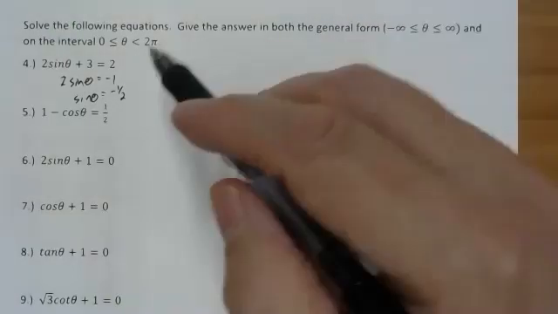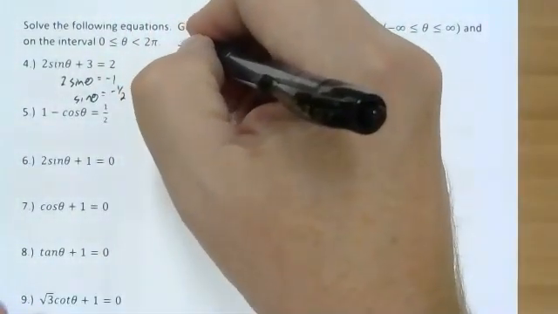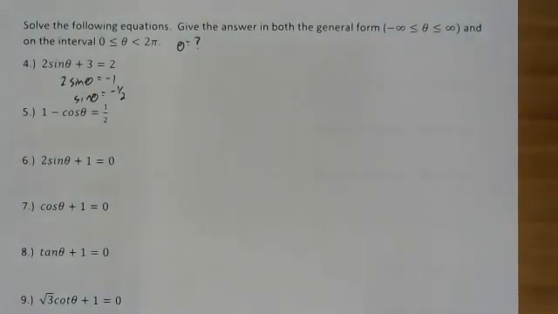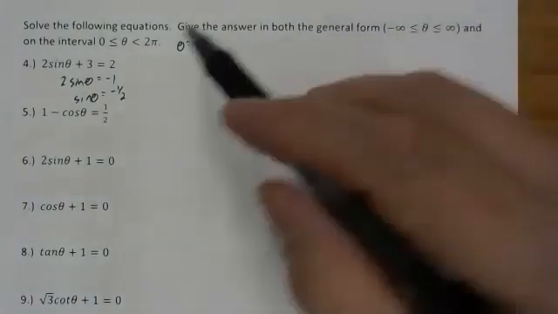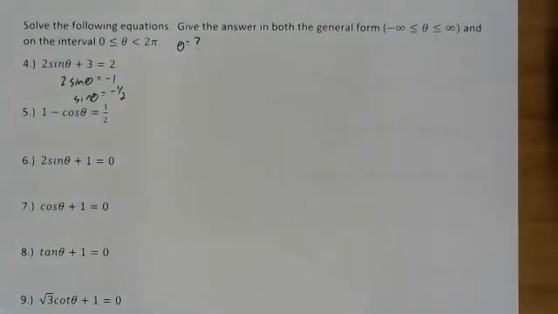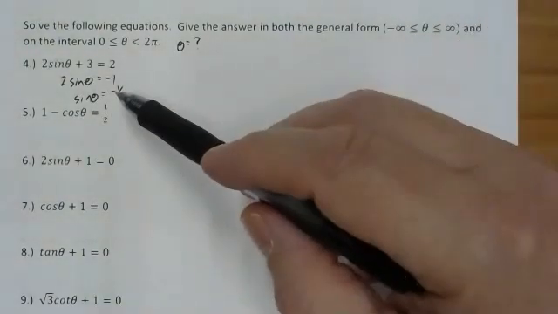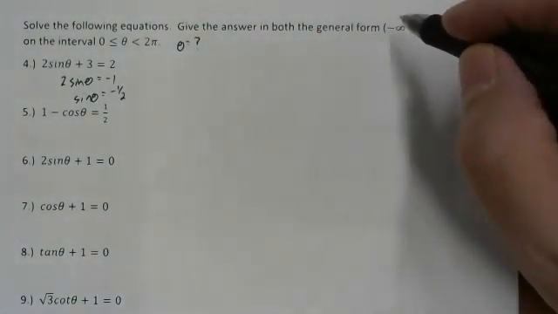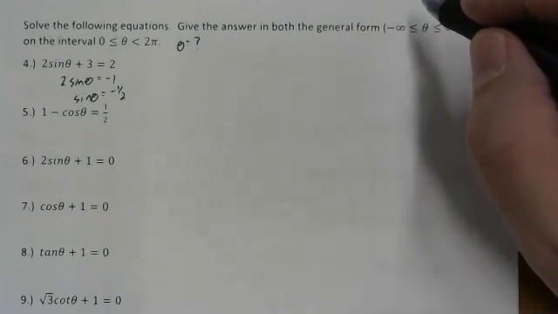Now I think to myself, I need to solve for the angle, because ultimately, all of these problems, the answer is going to be an angle. So I ask myself, what are the angles where the sine is negative 1/2? What I'm going to do is think of going around the unit circle once.